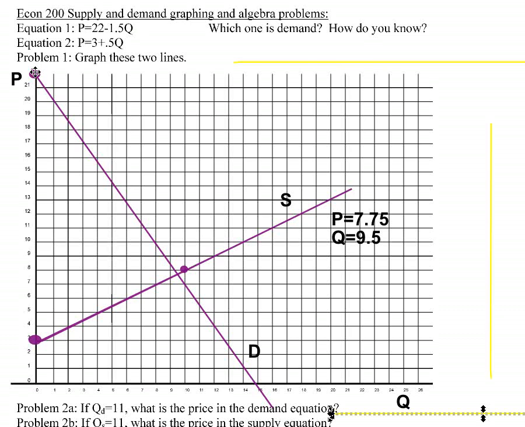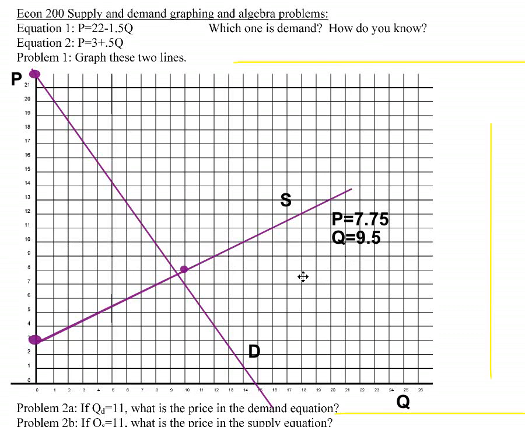Oh yeah, that's the y-intercept. This price of 22 up here, that is the price where people would say, forget it, I want to buy 0 units. Similarly, on the supply curve, at any price less than or equal to $3, businesses will say, forget it, $3, I'm not going to produce anything today. I'm just going to go home.